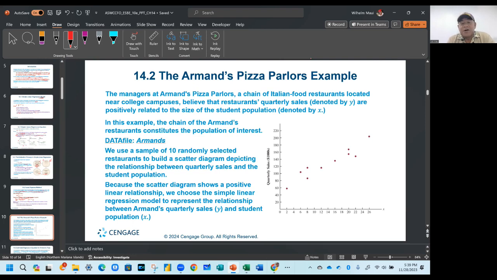The specific example involves a pizza parlor. This pizza parlor is located in many different cities, and the pizza parlor happens to be next to maybe colleges or universities.